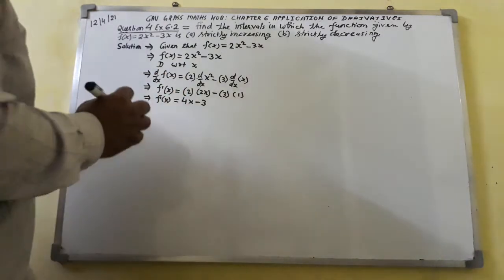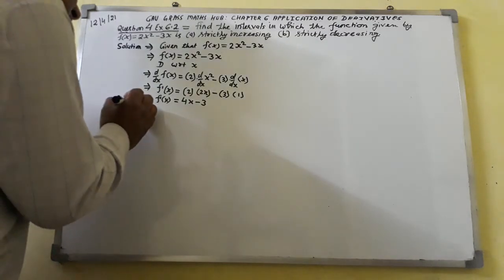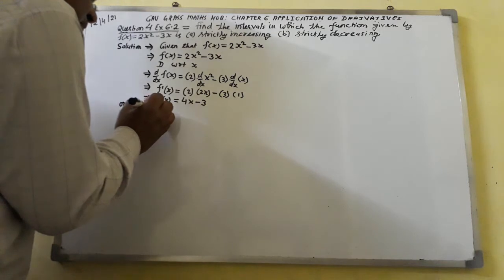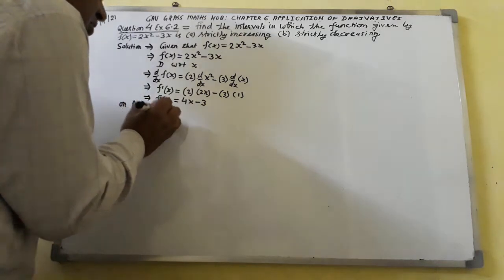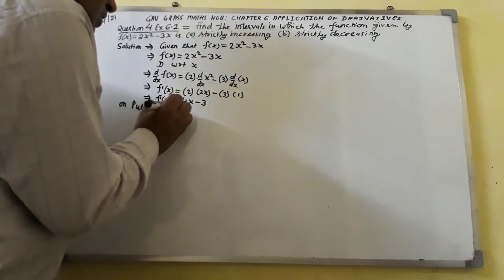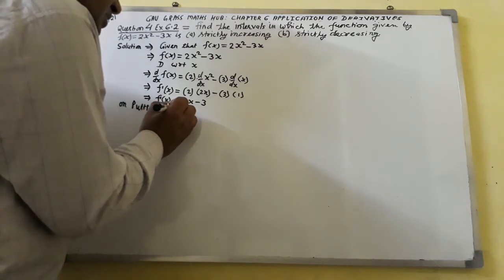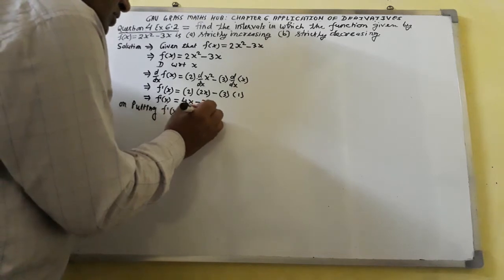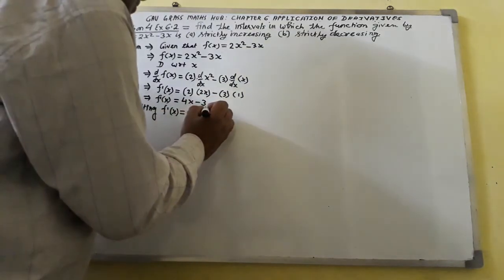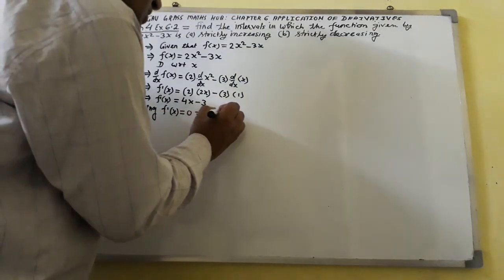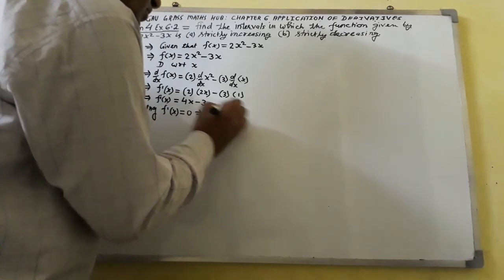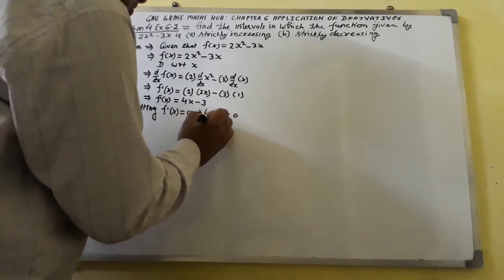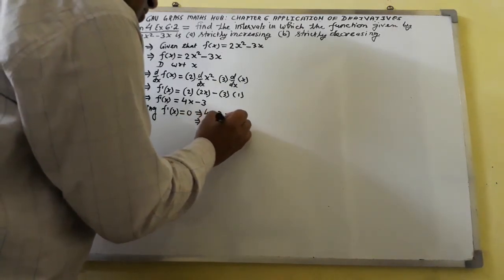Here again, on putting f dash of x equal to 0, we shall get 4x minus 3 equal to 0, which implies that x equal to 3 over 4.